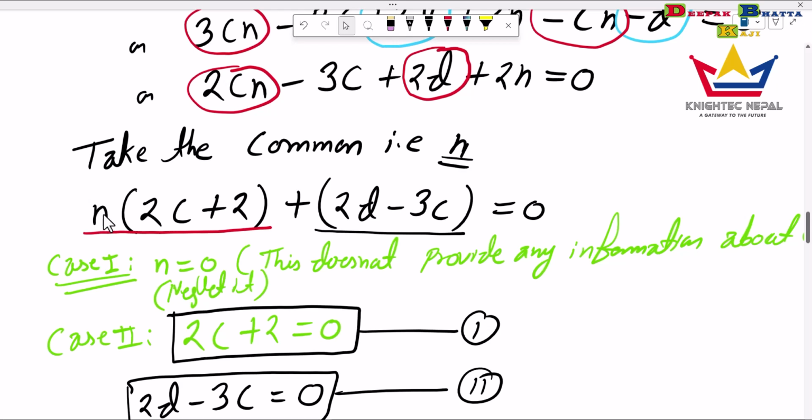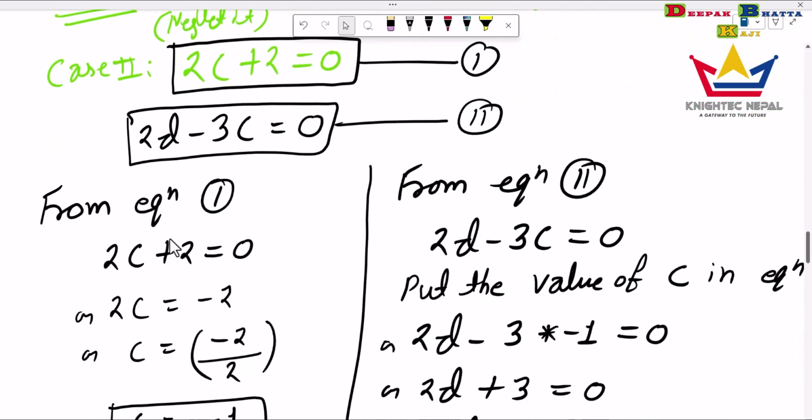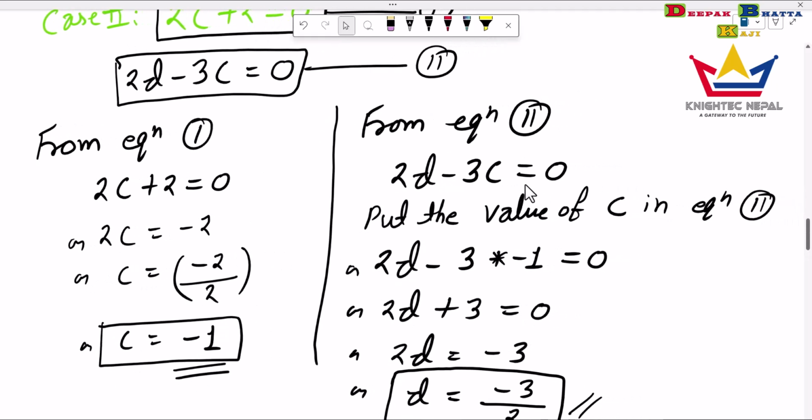Only the constant values we take for further calculation. From equation 1, 2c plus 2, we get c equals minus 1 and put this value in equation 2, 2d minus 3c equals 0. So we get c value minus 1 and d value minus 3 divided by 2.